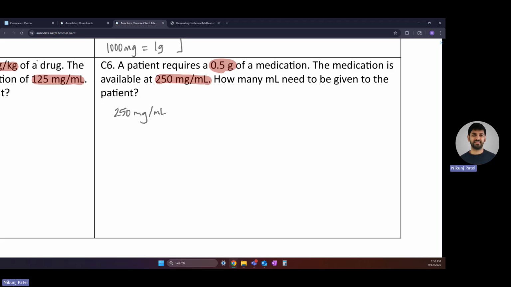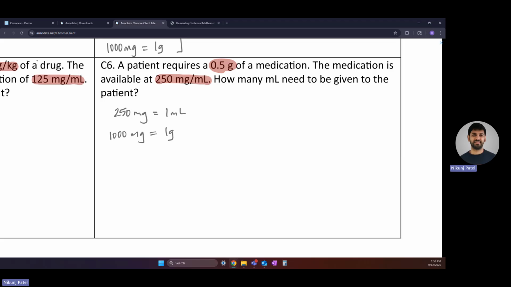If it's available to us in this liquid, we need to know how much of that liquid to give the patient. If they're only supposed to get 0.5 grams, how many milliliters does that mean? And we need to go from grams to milligrams as well here. So we see that we need this conversion, 1,000 milligrams is equal to 1 gram.